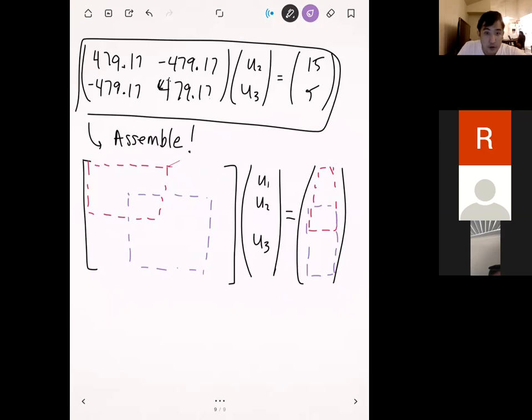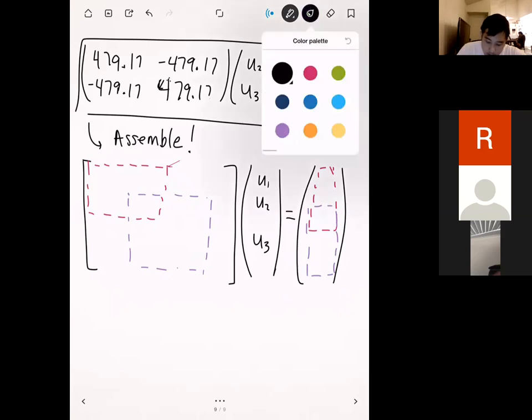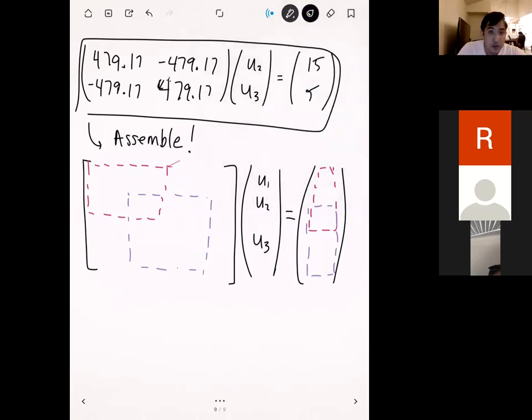And so I think if you do that, what you end up with is something that looks like this. I'm not going to be able to fit it, but we have 1020.83, minus 1020.83, minus 1020.83.